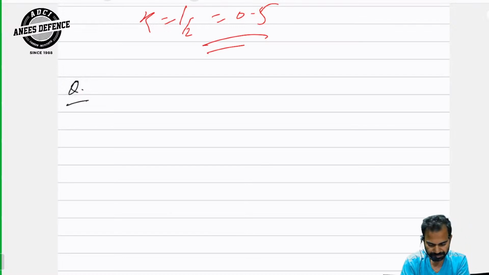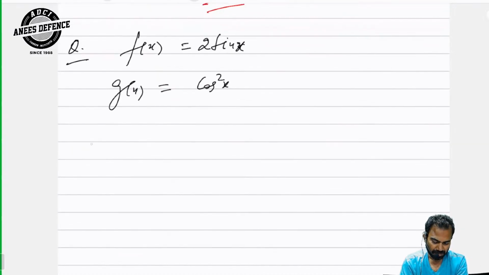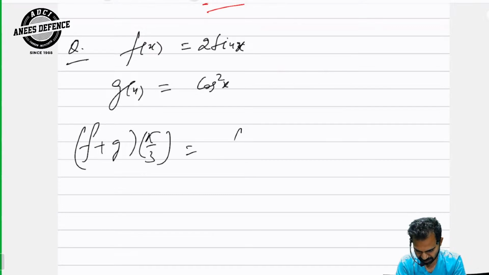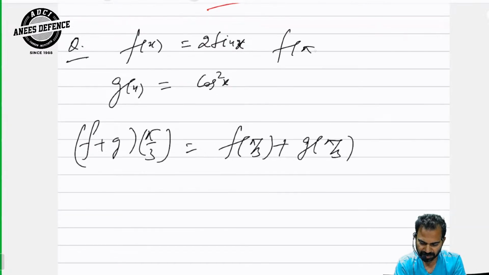Question number 20. f of x equal to 2 times sin x, g of x equal to cos square x. To find (f plus g) of pi by 3. So it means f of pi by 3 plus g of pi by 3. So here f of pi by 3 is 2 sine pi by 3.